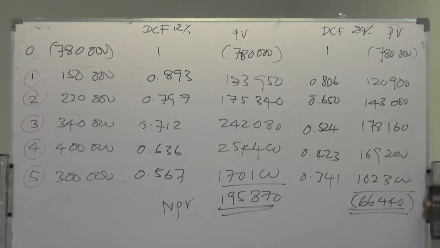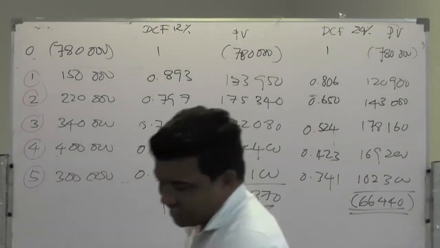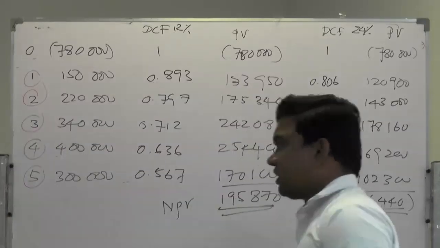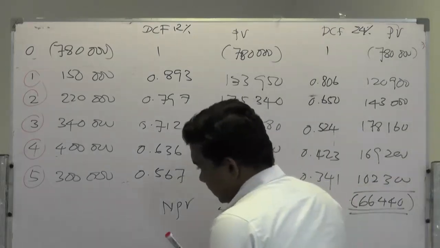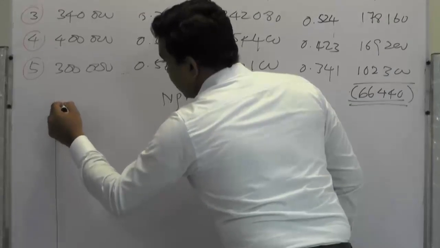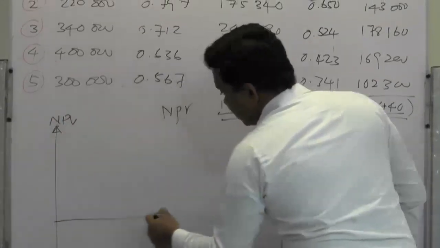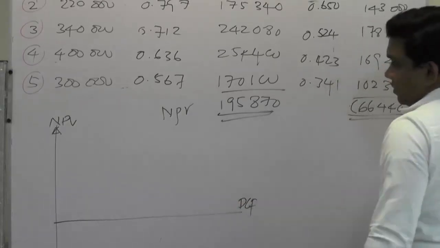There is a technique to arrive at this formula. This is an additional part, no need to practice always, but you must know how the formula arises for IRR. Let's see. Let's take for this line the net present value, and for this line the discounting factor.